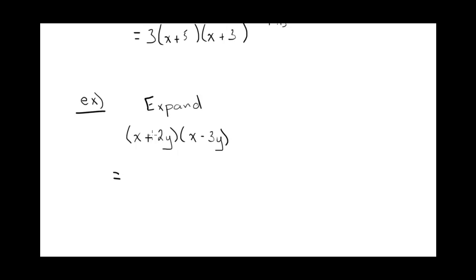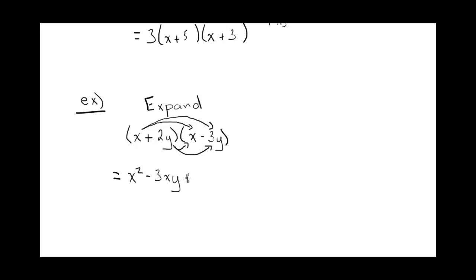Well, if I expand this, I still know how to expand this. So the x times both things. So x, I don't need the bracket. So x squared, x times minus 3y would be minus 3xy. And then multiply the second term into the second bracket.